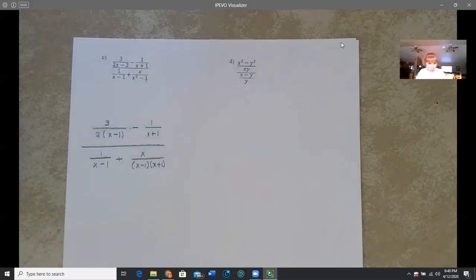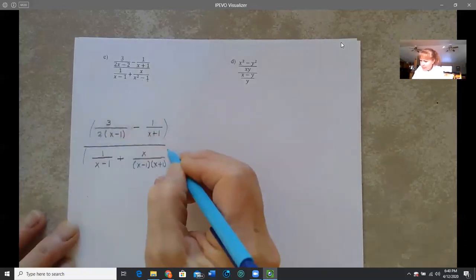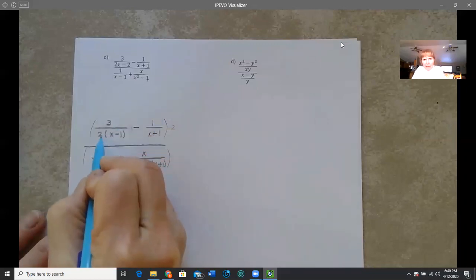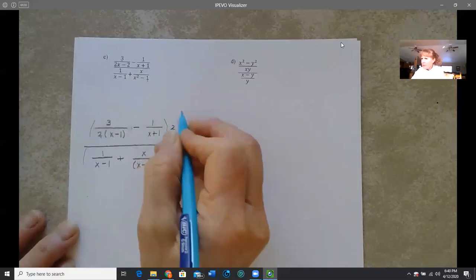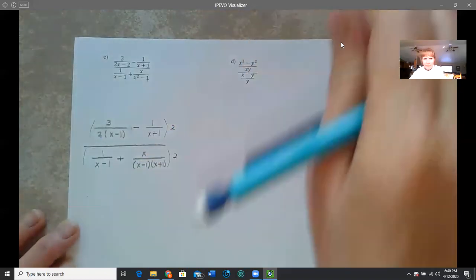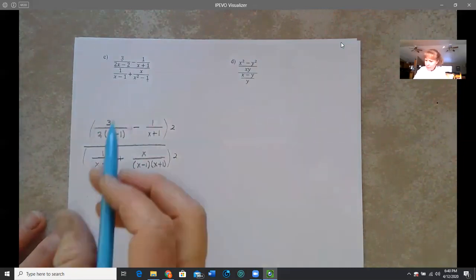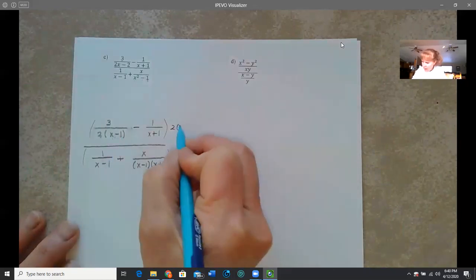Well, I've got a 2, so I know that my least common denominator needs to have a 2 in it from that first fraction. It must also have an x minus 1, from here.